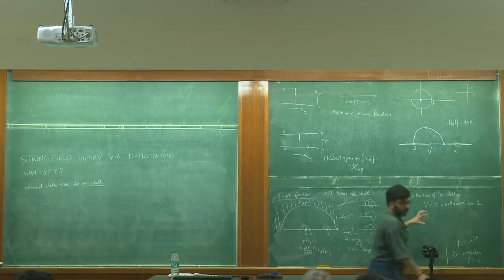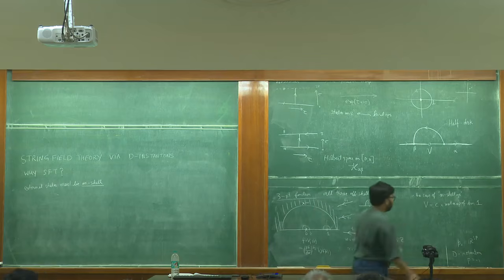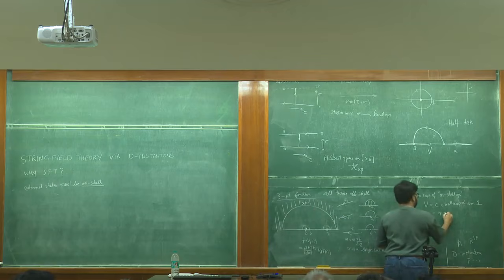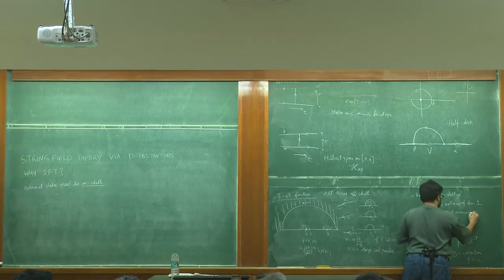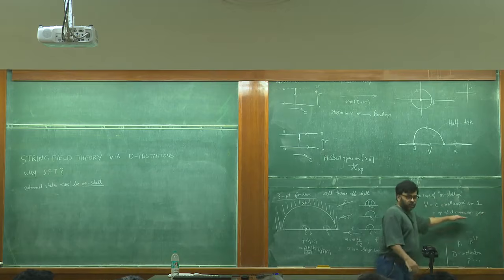So the C is important now. In this language, we will always put the ghost. So with the C, this is an operator of dimension 0. I will recall the ghosts in the next lecture, but the C ghost has dimension -1. So -1 + 1 is equal to 0.